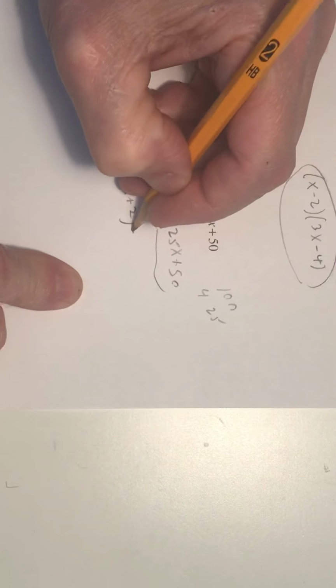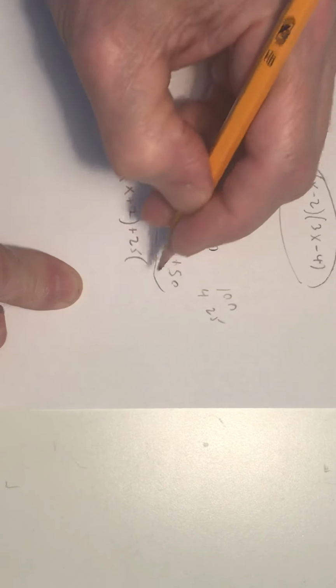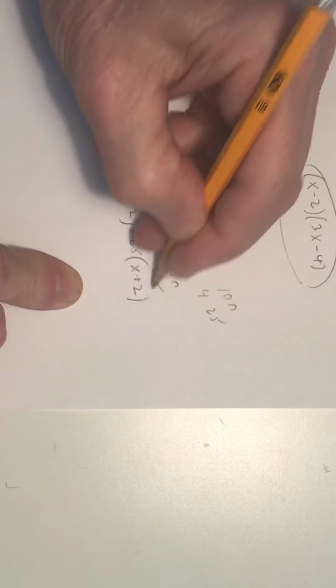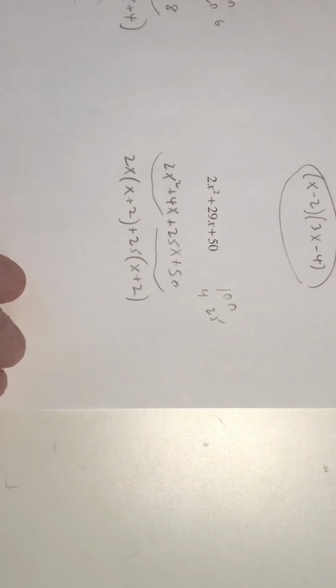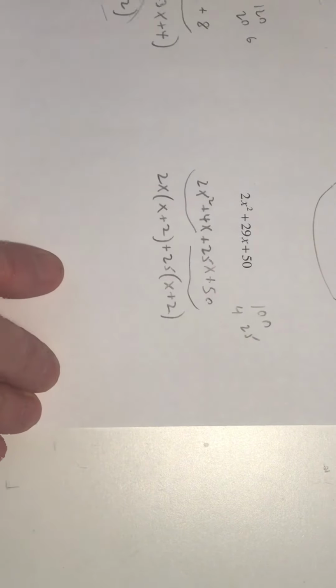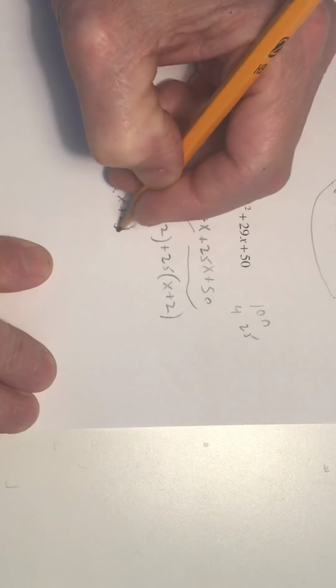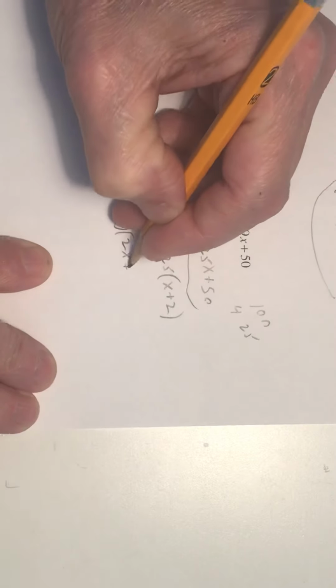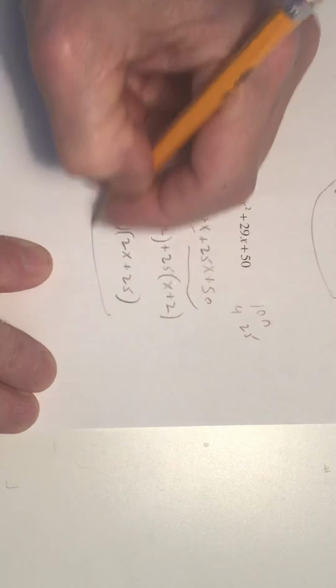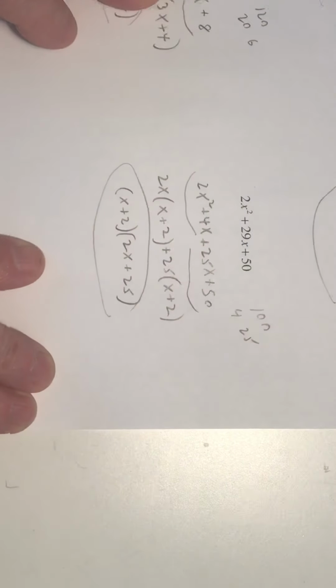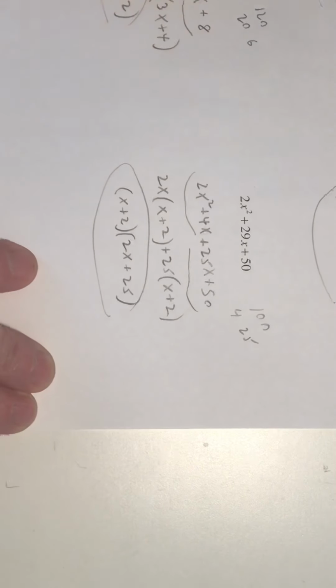Common factor of 25. 25 times x plus 2. So the answer is x plus 2, 2x plus 25. And that's it for lesson 65 for Monday.